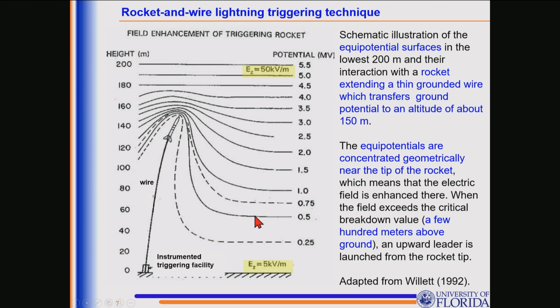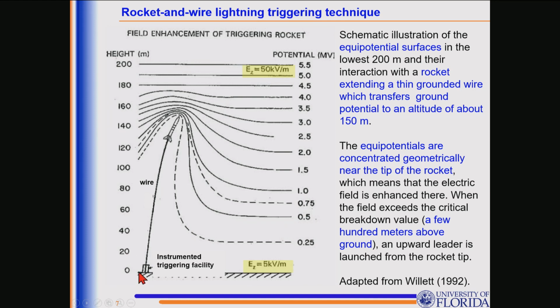So solid lines here and broken lines are equipotential surfaces. And in the absence of rocket and the trailing grounded wire, the equipotential surfaces are just horizontal planes. And the potentials in megavolts are given on the right here.